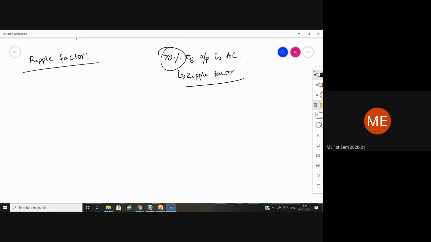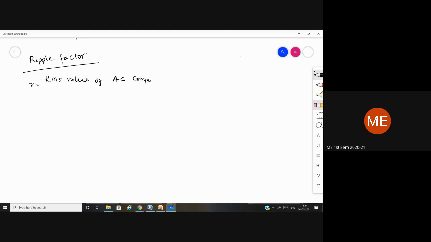So here, for this, the first step: small r is nothing but the ripple factor. r is equal to the RMS value of the AC component of the output voltage divided by the DC component of the output voltage.